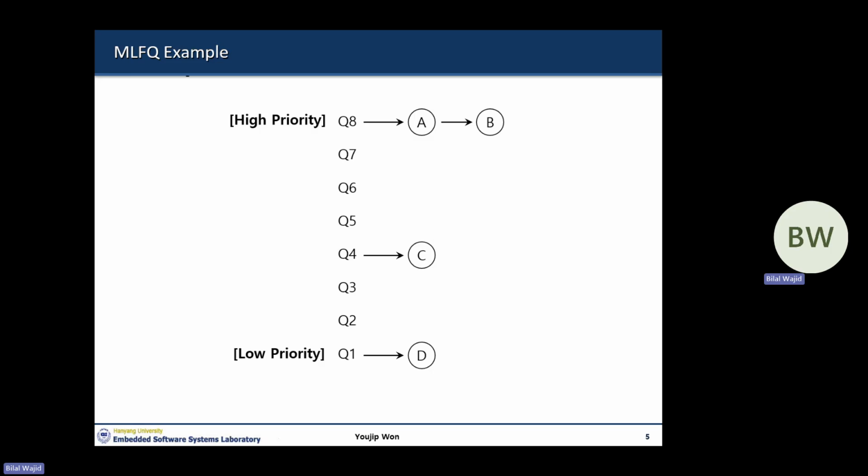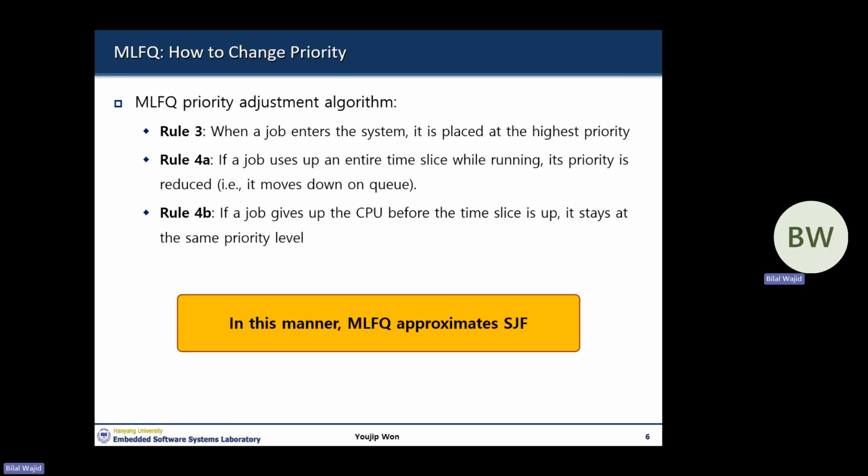So let's look at this. When a job enters the system, it is placed at the highest priority. It makes no assumptions because we don't have prior knowledge about the job or the process. So every job, when it enters the system, is given the highest priority.